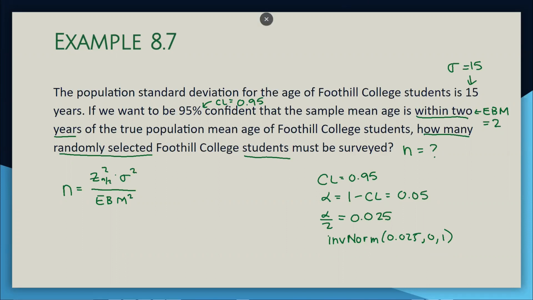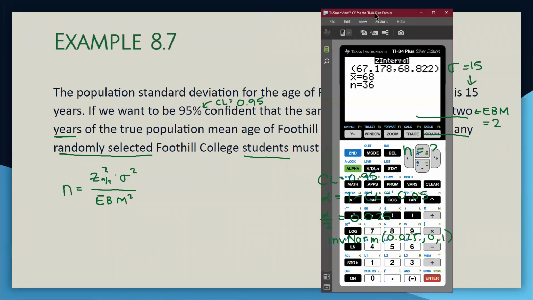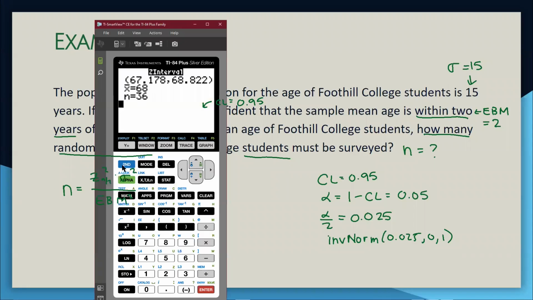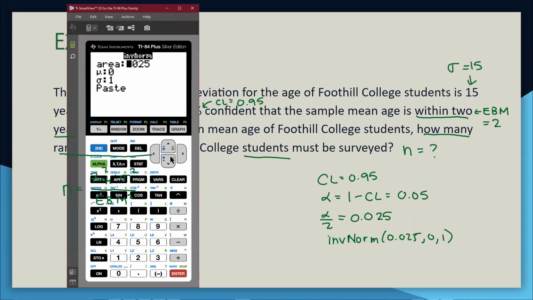I'm going to pull up our calculator and do that really quick, but we have already seen that. So second vars, inverse normal. And you can see we did that earlier, 0.025, 0, 1, and negative 1.96. And we know we dropped the negative sign.